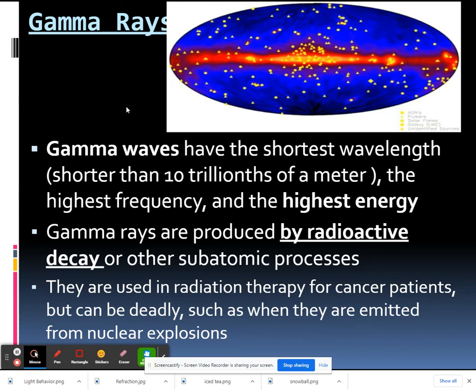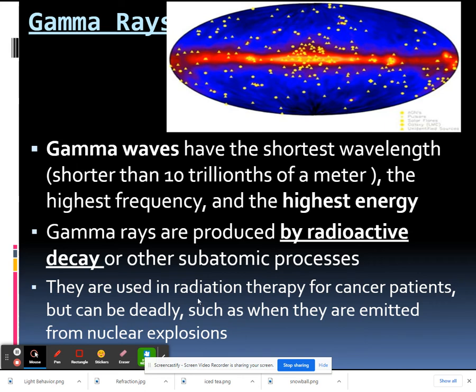But gamma rays are the highest energy, highest frequency, shortest wavelength. Some things that produce them are radioactive decay and the stuff that goes on in the sun as well. It's a very, very high energy wave. So if we have these nuclear reactions, a lot of times they produce gamma rays.